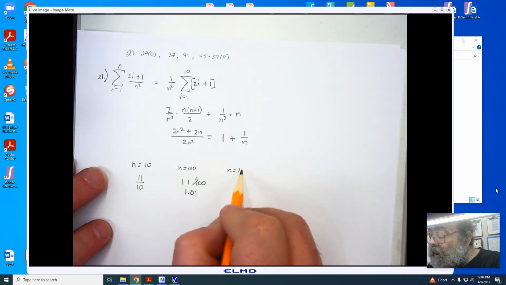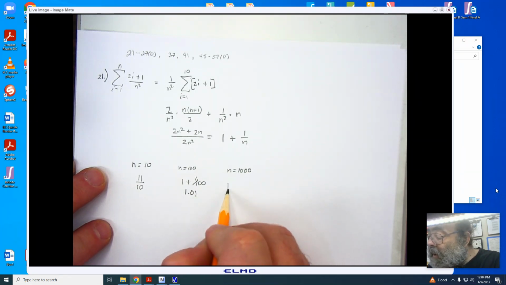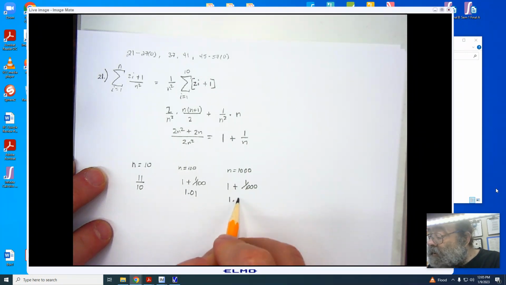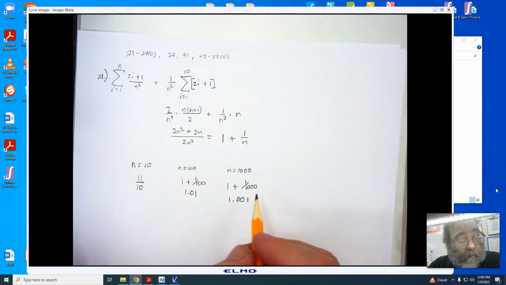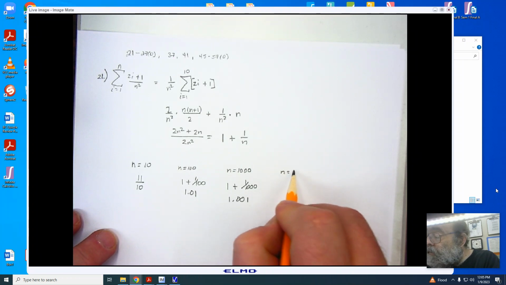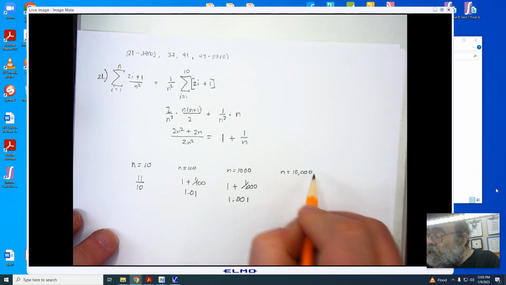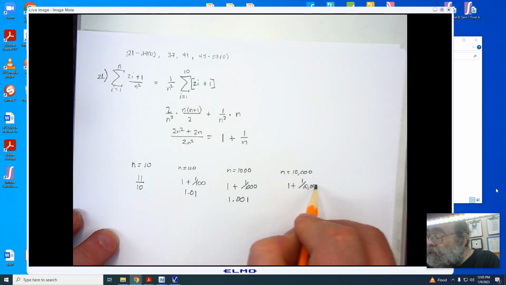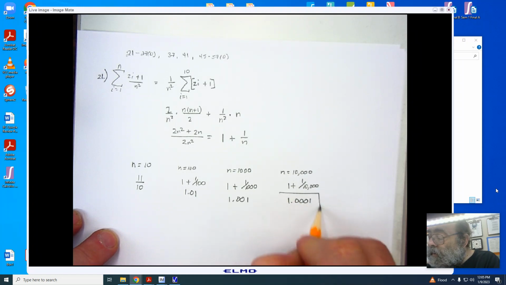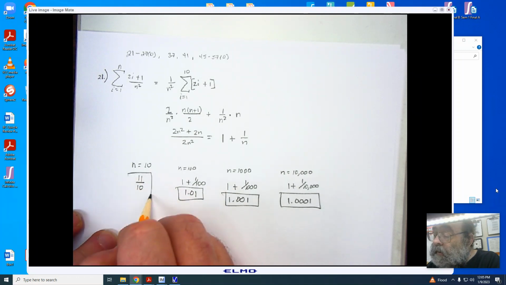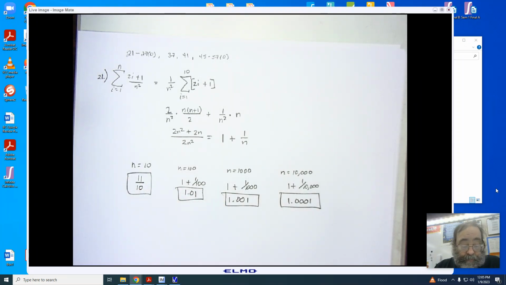If n equals 1,000, I'm looking at 1 plus 1,000th, and that's 1.001. And then the last one was 10,000. This is 1 plus 1/10,000th. And here are the four answers that we are looking for in number 21.